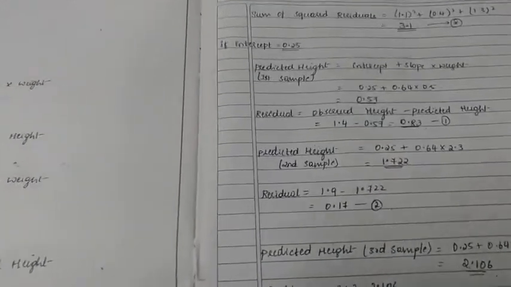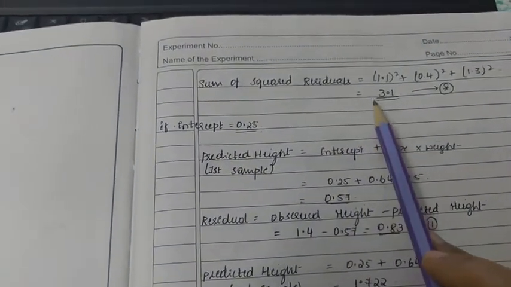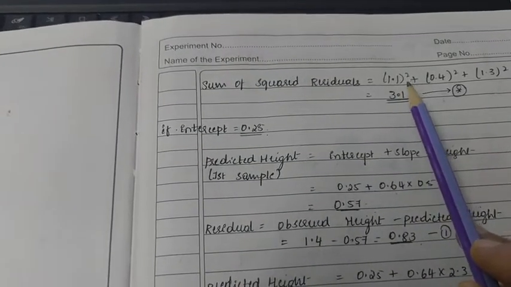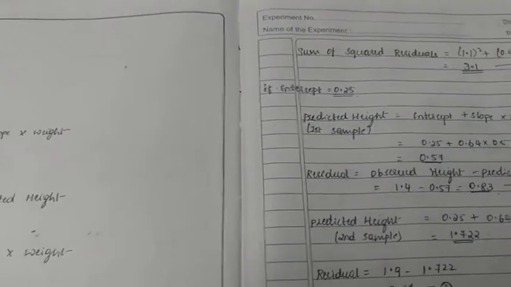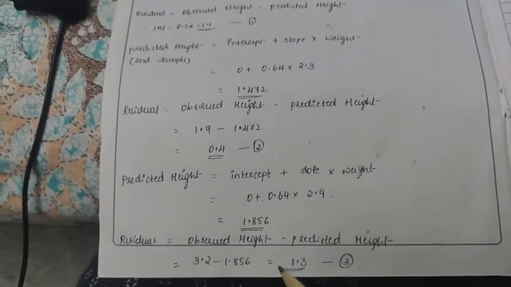How did I get the sum of squared residuals? It is 1.1 squared. So where did I get 1.1? From residual equation 1.